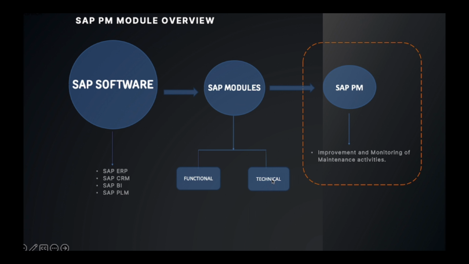We also have technical modules like SAP ANA, SAP ABAP. So we can see that SAP PM is a functional module under SAP ERP software. I hope we can understand that. So now we can go straight to SAP PM.